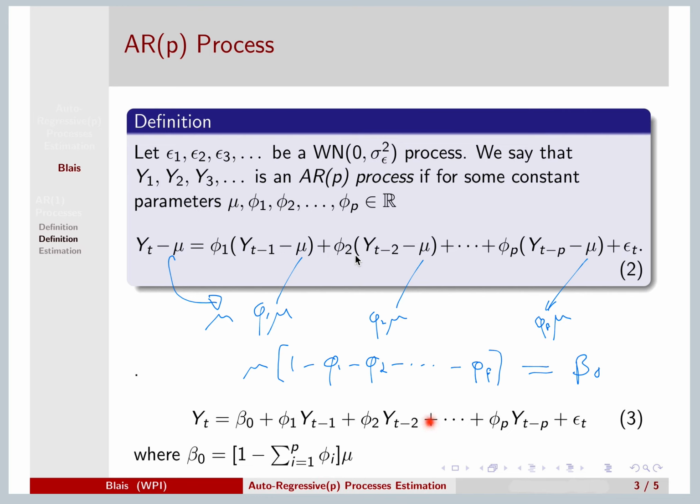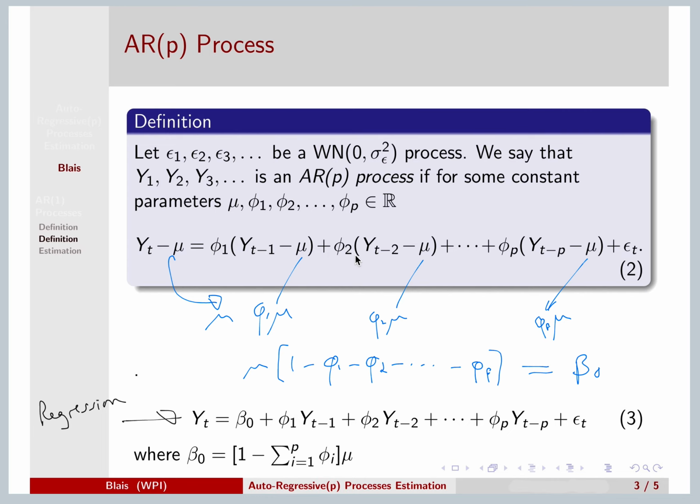And we write it this way because now we can think of this as a regression. And this is a regression where the dependent variable is your y_t, and your predictor variables are the earlier versions of y. Hence, why we call this an autoregressive process of order p.